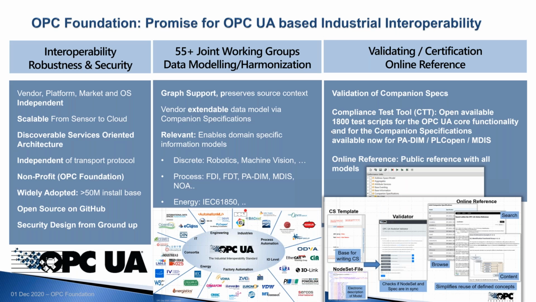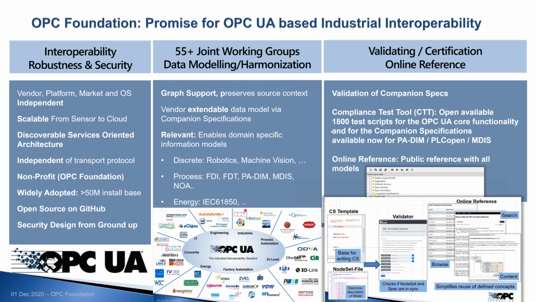The OPC Foundation is providing, together with partners, the promise for industrial interoperability. And this promise is based on 3 pillars, which you see here. On the left side, it's OPC-UA, the robustness and the security I mentioned before.